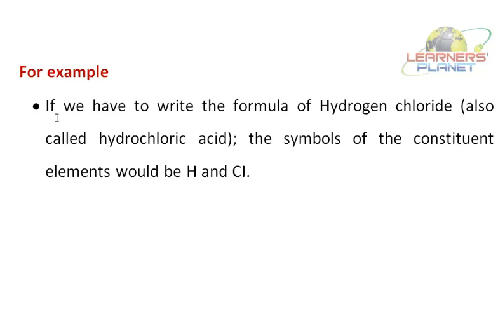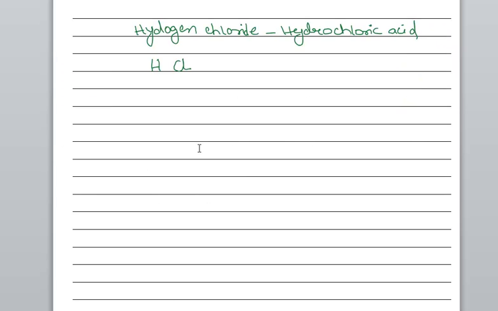See, if we have to write the formula of hydrogen chloride, also called as hydrochloric acid, the symbols of the constituent elements would be H and Cl. Now, in hydrogen chloride, what happens? One atom of hydrogen combines with one atom of chlorine, right?